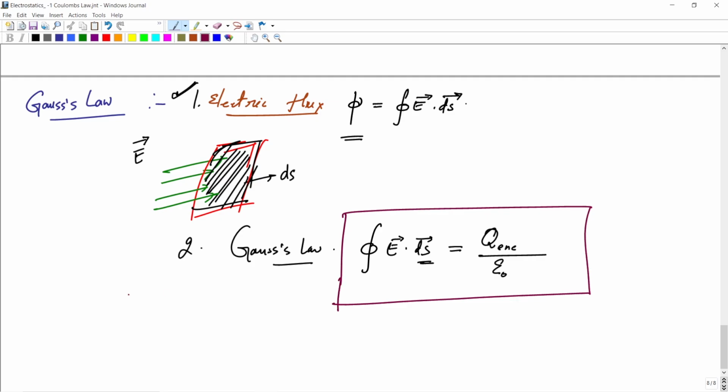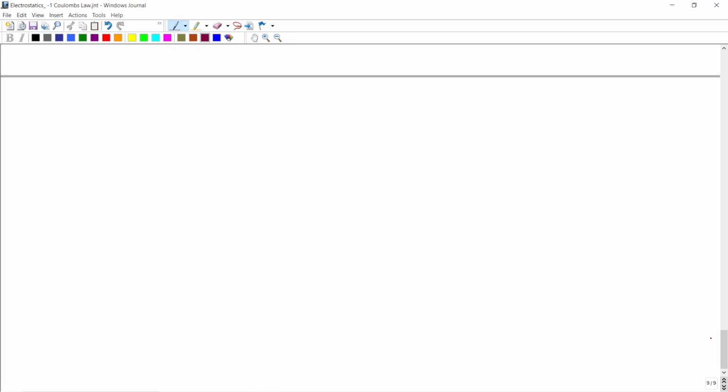Now we discuss another formula: the field of a uniformly charged ring on its axis.